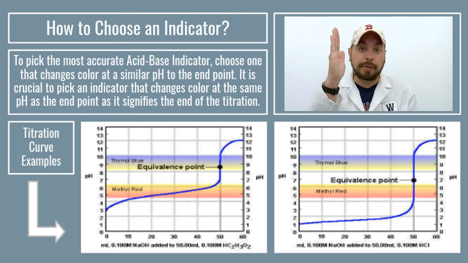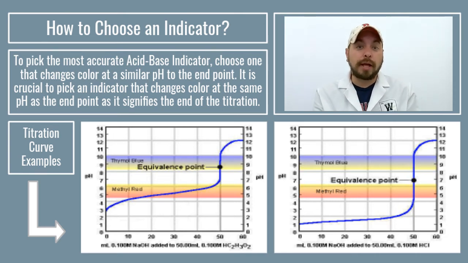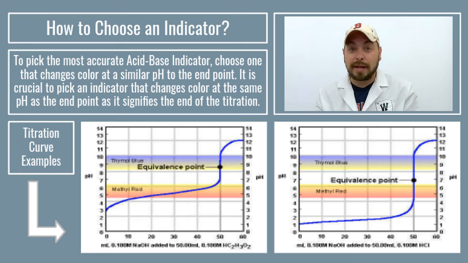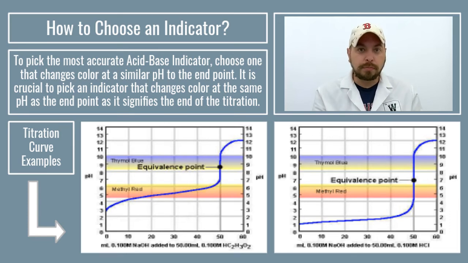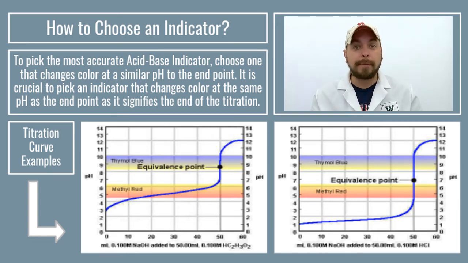It's a vertical line. Because it's a vertical line, I can use either indicator in this situation and get the exact same result, because adding one more drop of sodium hydroxide to this titration isn't going to make a substantial difference. And that's probably going to be the difference between the color change of the methyl red and the color change of the thymol blue.